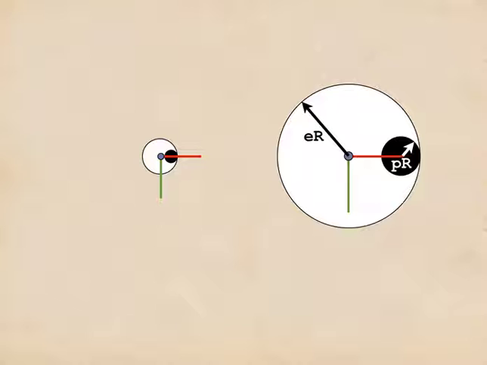We know that the distance from the center to the outside of the eyeball itself is ER. And we know the distance from the center of the pupil to the outside of the pupil is PR. So the distance I want to move from the center to position the pupil just right is simply the difference, ER minus PR.